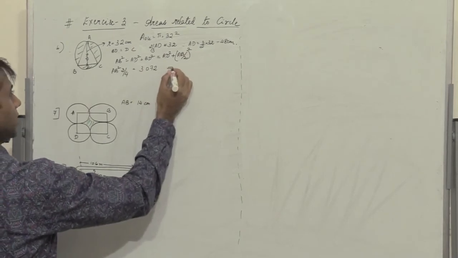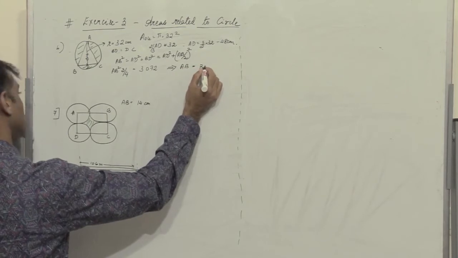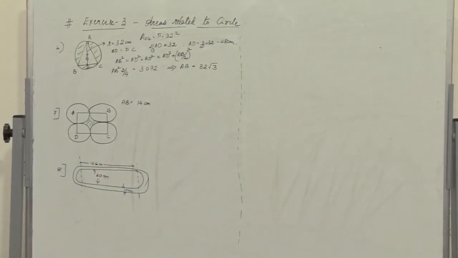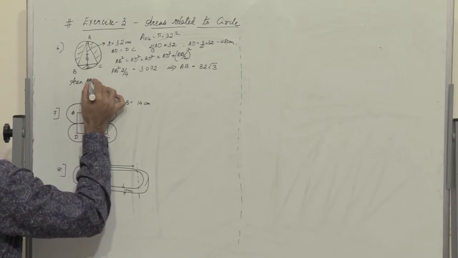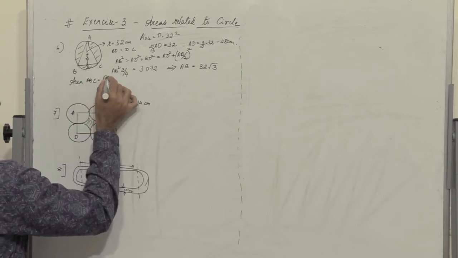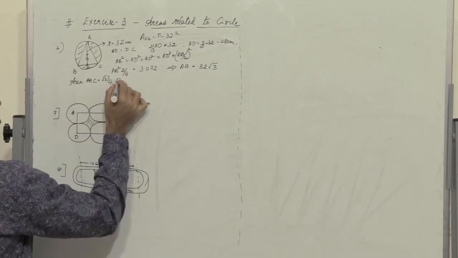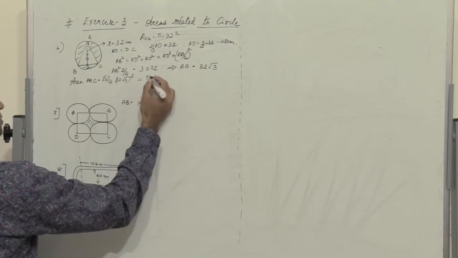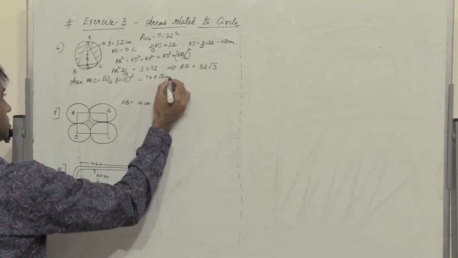So therefore we get, if we calculate, we get the value of AB as 32 into √3. So now we can find the area of the triangle. So area of triangle ABC is √3/4 into AB square. 32 into √3 the whole square, which gives us a value of 768 into √3 centimeters square.